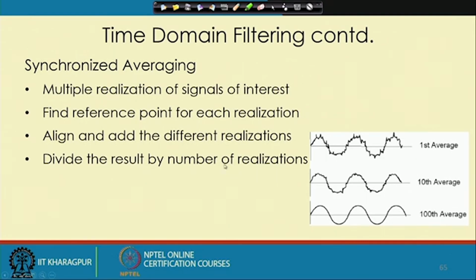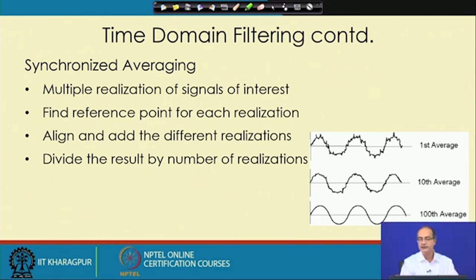And on the right hand side we are showing an example where white noise is added to a sinusoidal signal. It is riding on the signal and the first one is very spiky. Then if we average the first time, that means 2 realizations are added up, it still seems to be equally spiky.